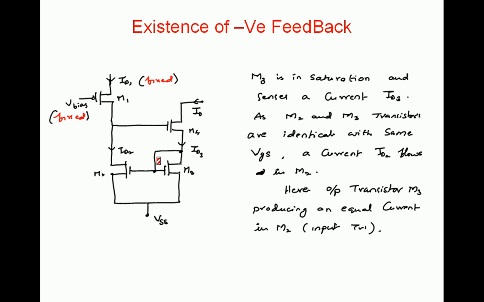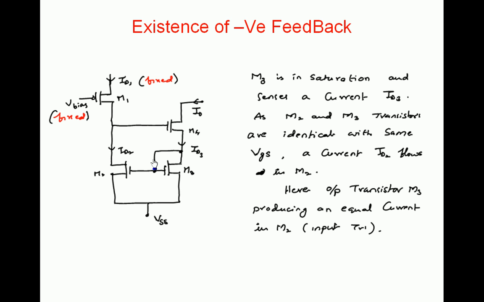First, is there a feedback or not? Look at the transistor M3, which is a diode connected transistor. A diode connected transistor is one whose gate and drain are shorted together. Whenever it is diode connected, definitely it will be in saturation.